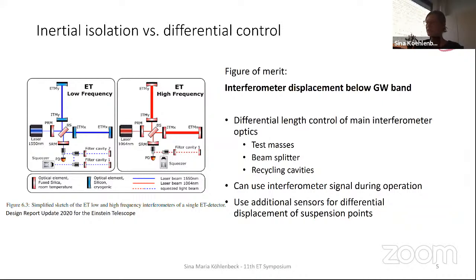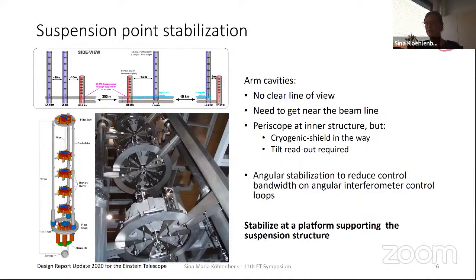So ideally, we would have an additional sensor that measures this differential displacement of the suspension points. If we go back to our super attenuator and the design of ET, we see that we have the input and output test masses suspended by these long chains. So the suspension point is somewhat high above the mirror. And since we are in an underground site, we don't have a clear line of view because we simply have a lot of rock in between.